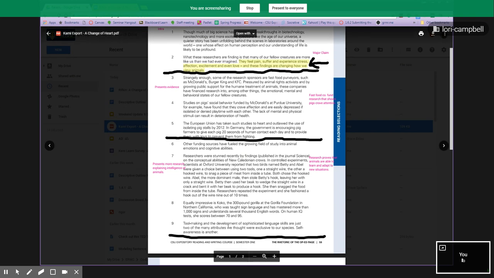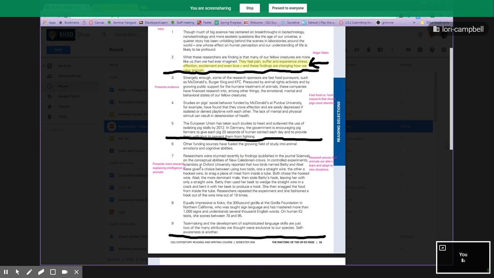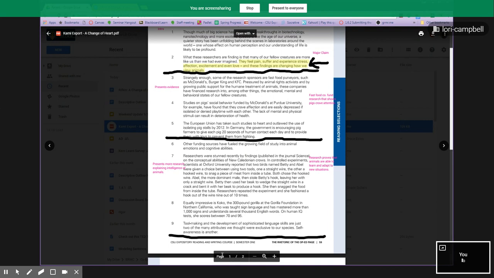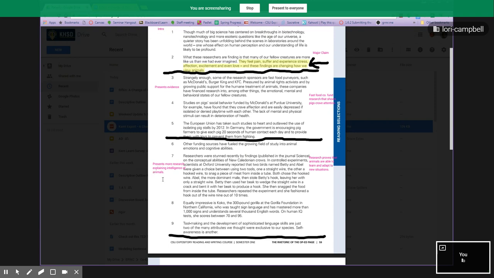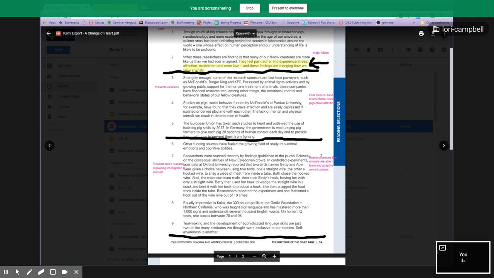And here is where we get the information about the Caledonian crows and cocoa. So this whole chunk here is describing the other research. And so the do is presents more research explaining the intelligence of animals.